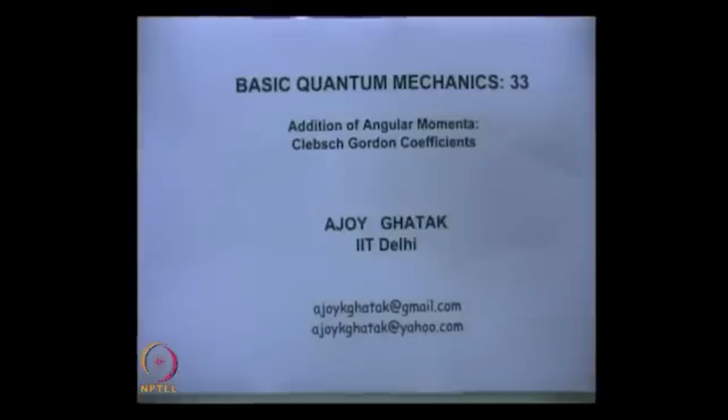Discuss the addition of angular momentum of two angular momentum vectors leading to the calculations of Clebsch-Gordan coefficients. However, before we do so, I would like to spend a few minutes on the calculation of the spherical harmonics that we did in our last lecture.